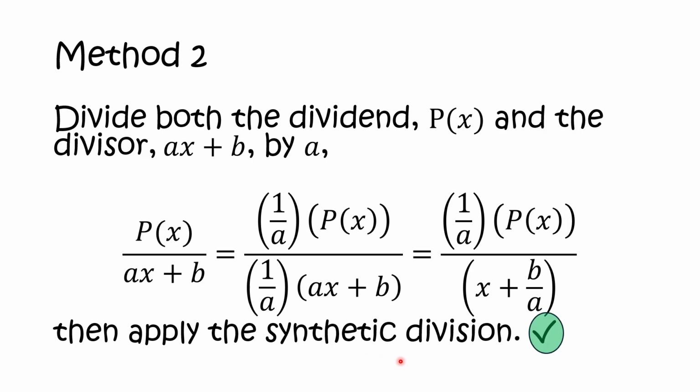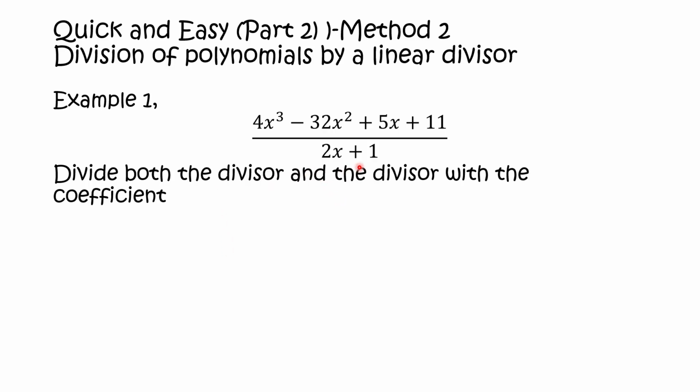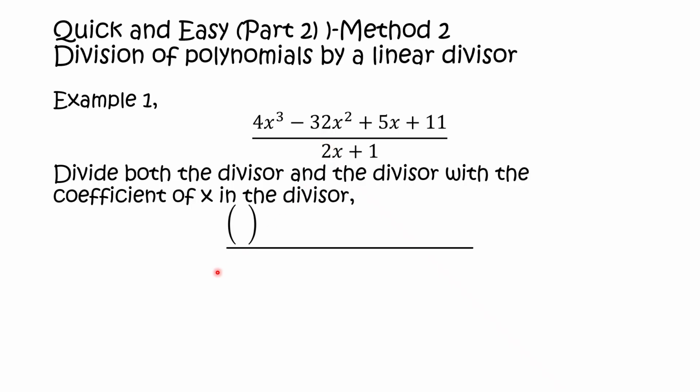Now, looking at the same example, we are saying that A is equal to 2, which is the coefficient of x in the divisor. So we are going to divide throughout by 2 or multiply throughout by 1 over 2. In doing so, we have that in the numerator, and we have 1 over 2 times 2x plus 1 as our new divisor.